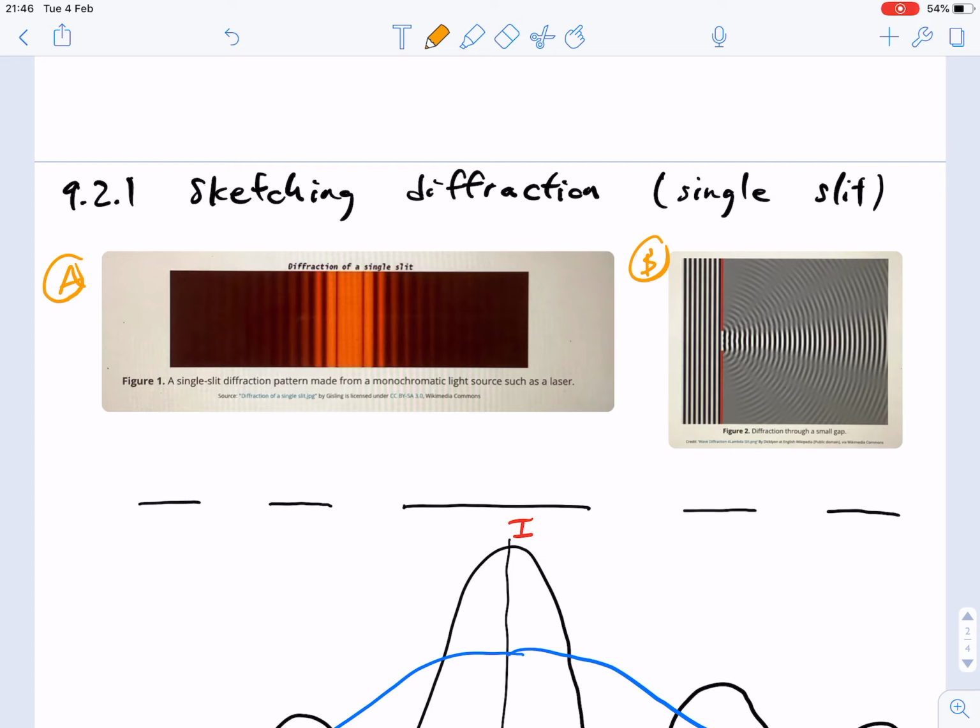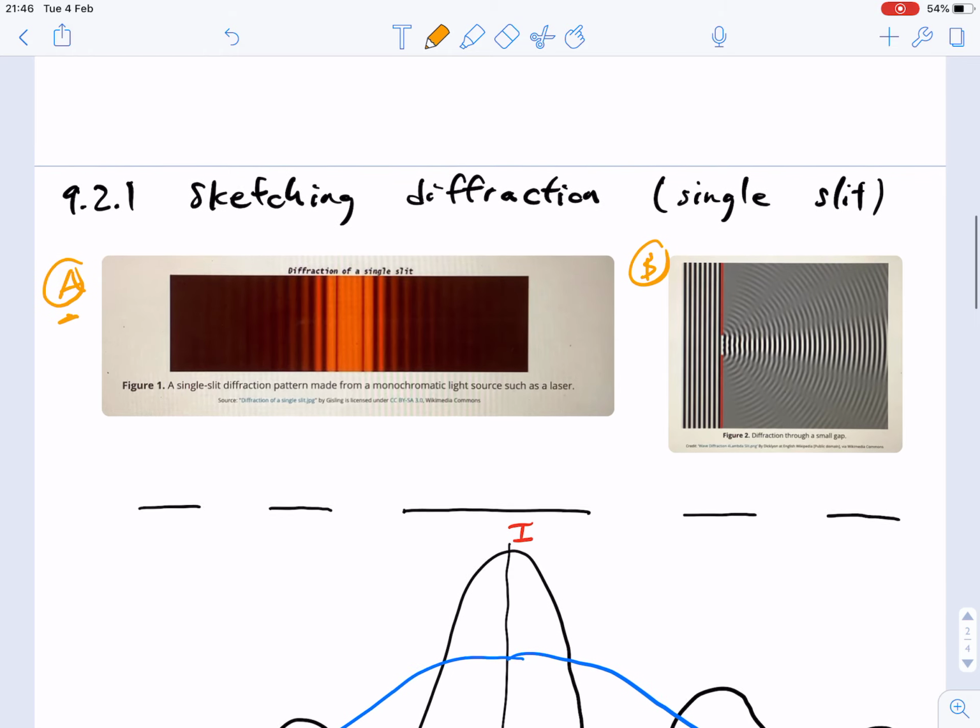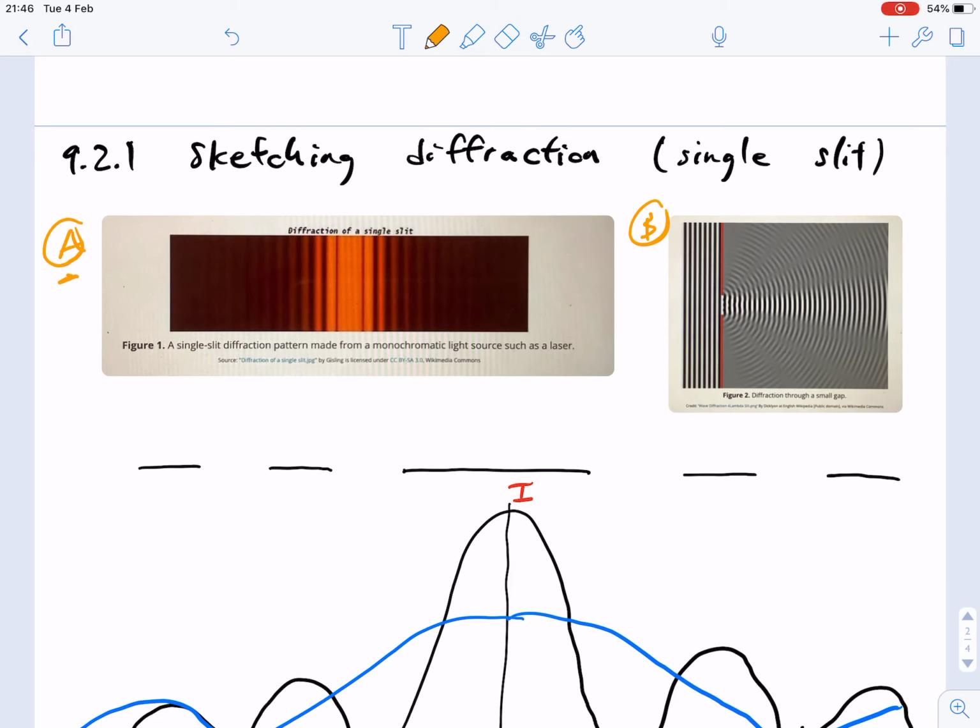And one of the key things to really remember about A is that the middle one, I've actually got a sample down here, is twice the size of the other ones. Okay, so these are 1 centimeter. The middle one has to be 2 centimeter. And this indicates the intensity of light.